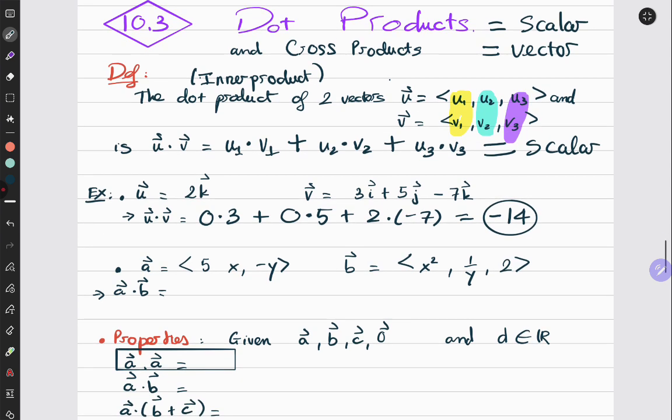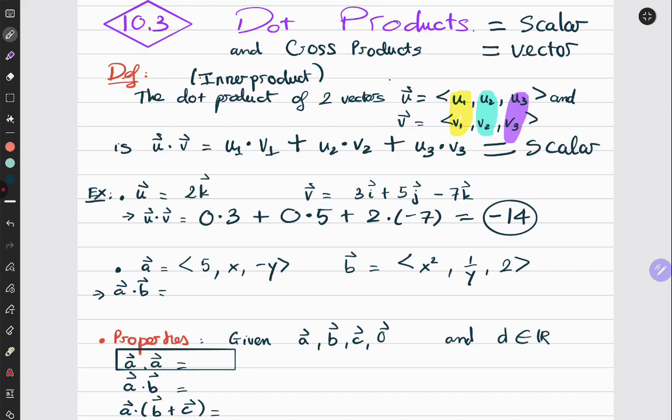Another example where you have a different way of writing the vector. One uses basis vectors, the other uses this vector notation. Same idea. 5 times x squared plus, oh, there should be a comma, right? Yes, my bad. For the dot product, you don't need to put ijk or anything because it's a scalar.